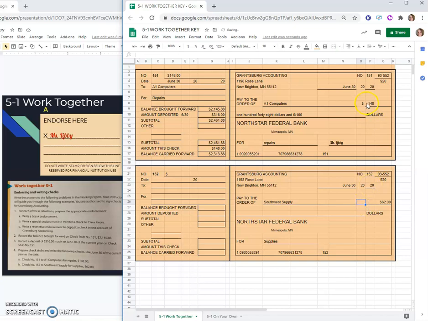That looks better. And 148, we'll merge those and make it dollars. And then $62 and 00/100, no cents, 62 even. I'll sign it.